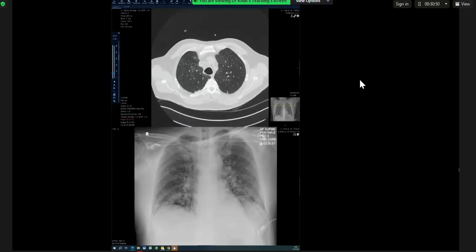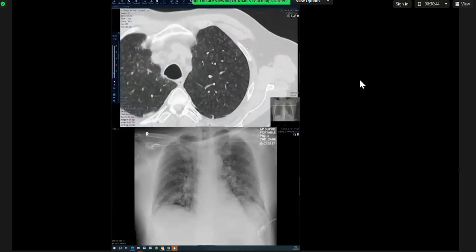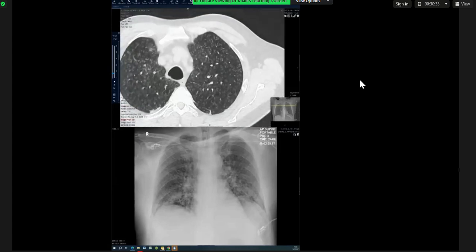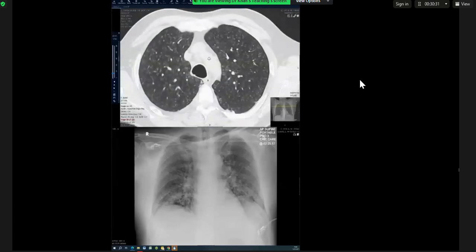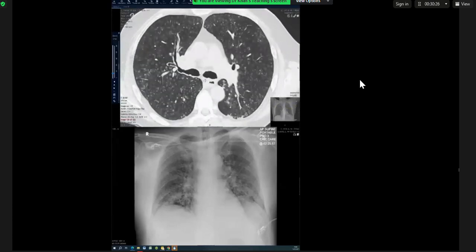You don't see tree-in-bud? Okay, yes, there are some. There are some tree-in-bud opacities and centrilobular nodules also. So in an immunocompromised patient, this supports my diagnosis of Mycobacterium tuberculosis.